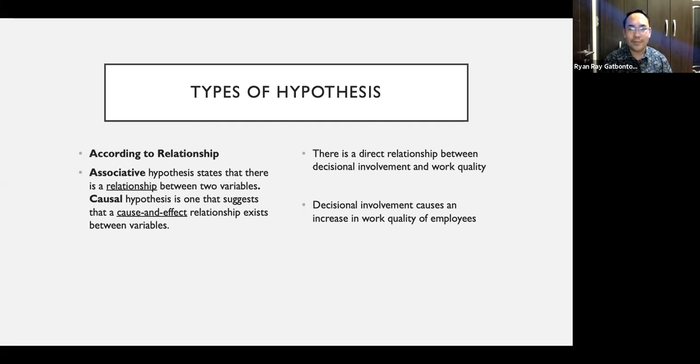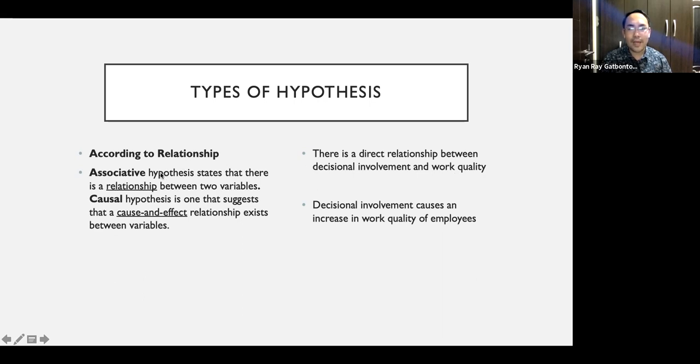Like the example on this part: there is a direct relationship between decisional involvement and work quality. In this particular statement, the words direct relationship connote an associative hypothesis because you're stating that there's a relationship between your independent variable and your dependent variable.